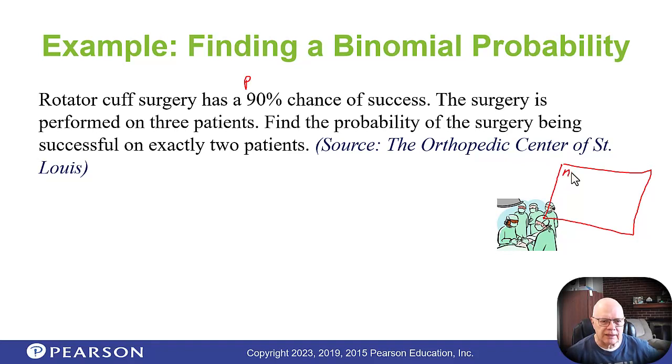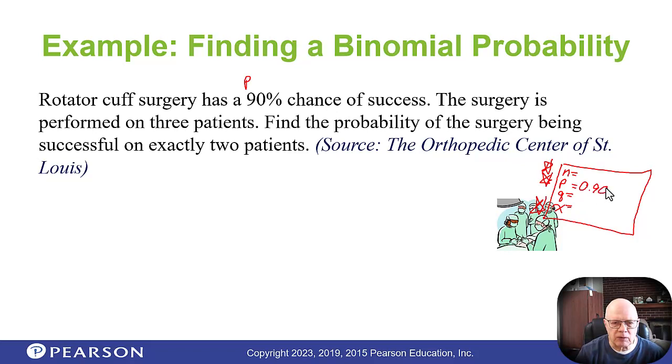I want N, I want P, you might or might not want Q, and we definitely need the X as well. You need this, you need this, and you need this. You don't really need Q because the calculator is going to take care of that. So 90% chance of success.